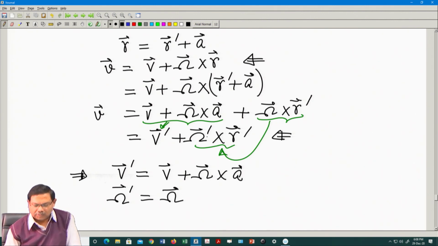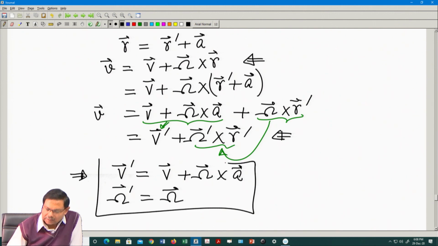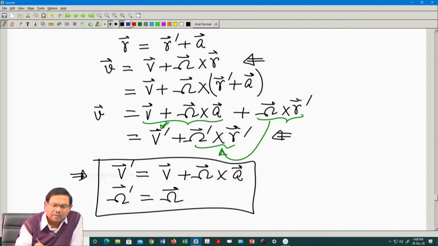We assumed it may be omega prime, but when you compare the similar format, you find omega prime has to be omega. So, these are the two relationships, and this particular one is a very important one.